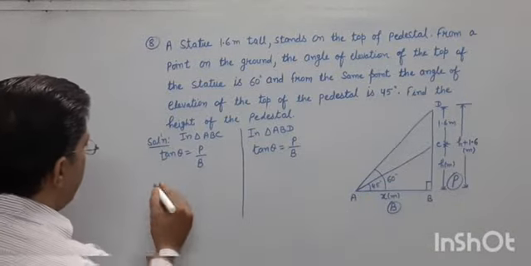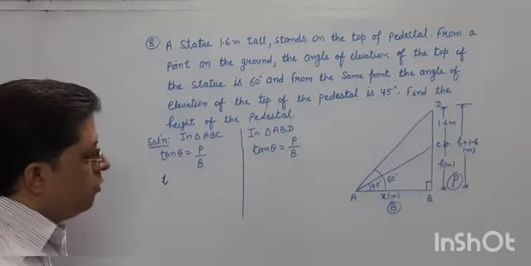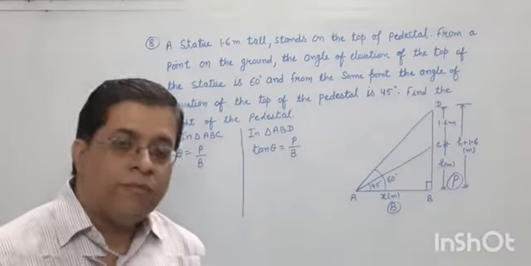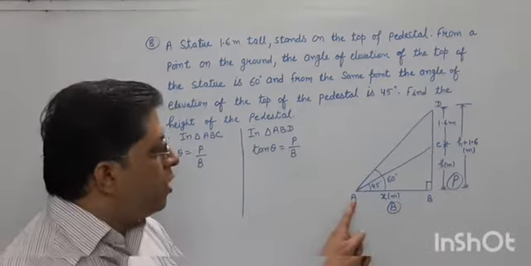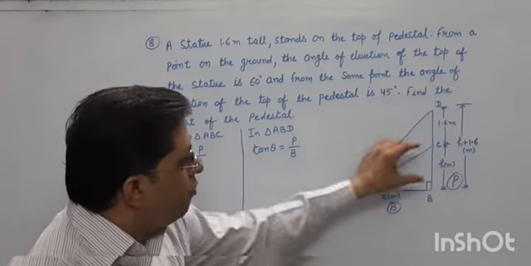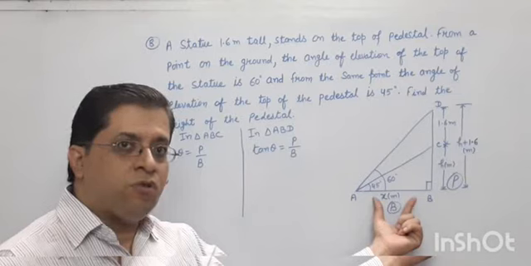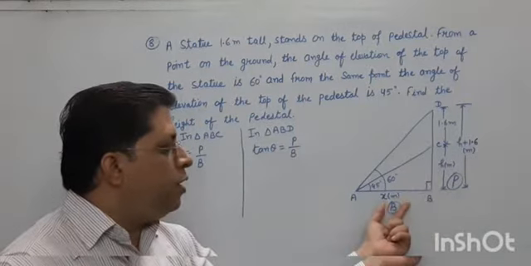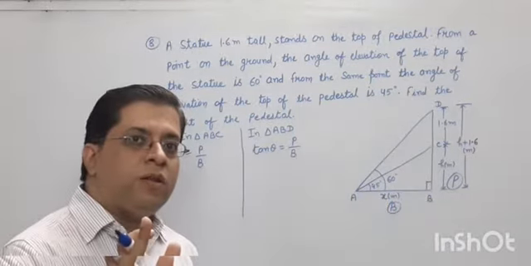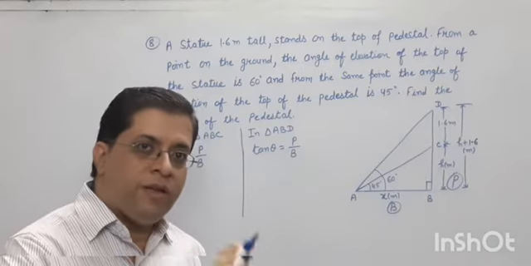Then this is tan. Why should I take tan? Here, this is the perpendicular, and let's say this is x. The base is common, so the relation between perpendicular and base in trigonometric ratio is tan theta.